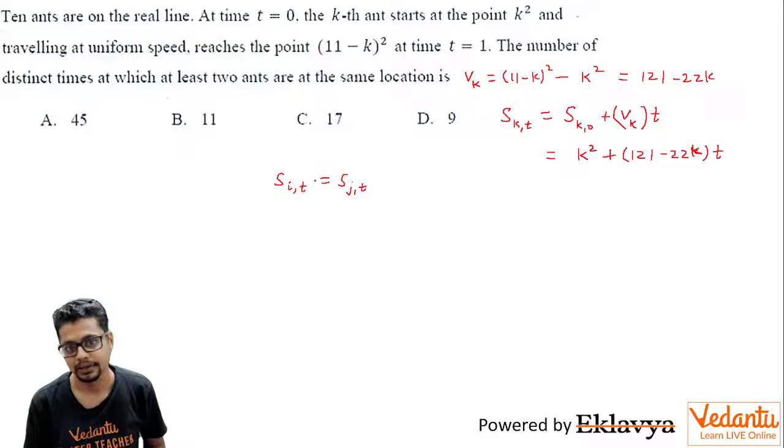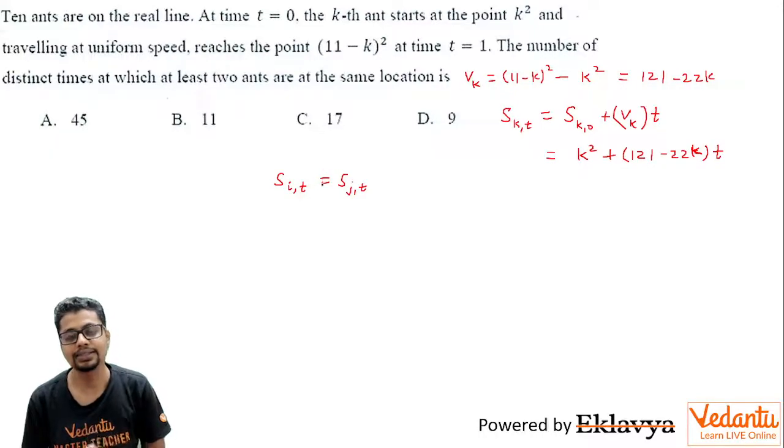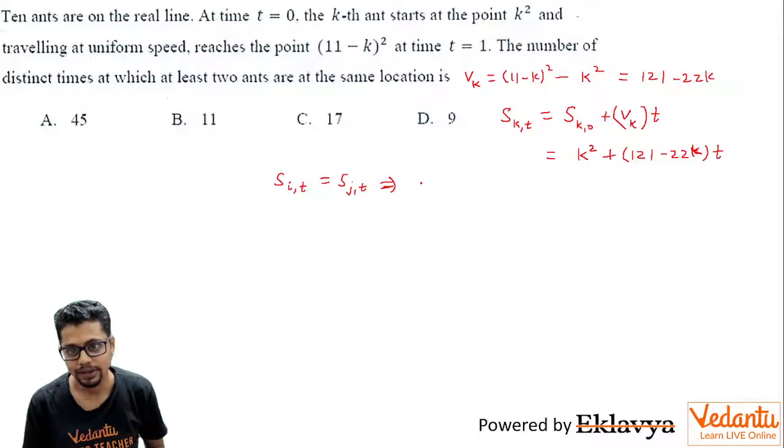Makes sense? So for the ith and jth end to meet at, let's say, time instant t, their positions should be the same, and that's exactly what I have done. And the position of the ith end at time instant t would be what? It will be i square plus (121 minus 22i) times t. And what about the jth end?